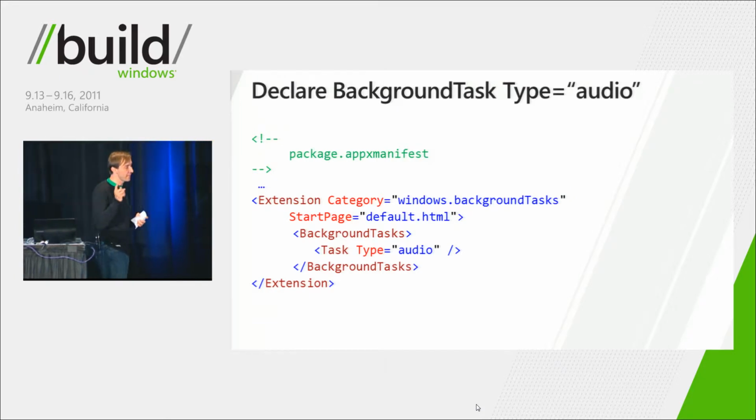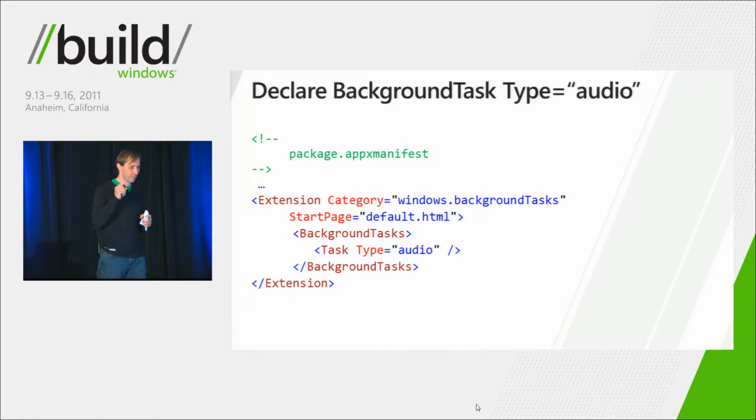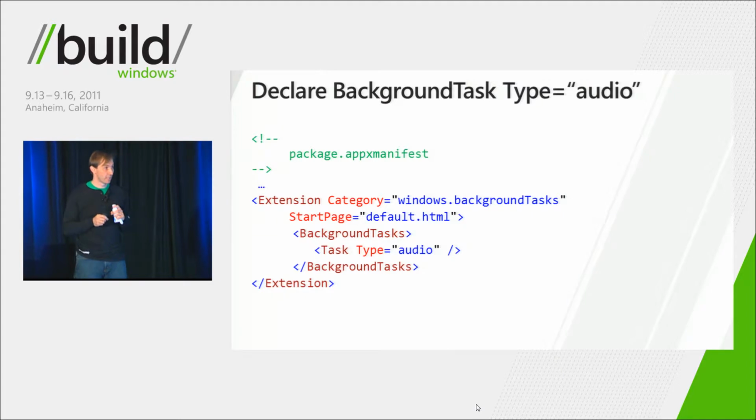There's another thing about background audio that you have to set; otherwise your app will get suspended. In the package manifest, you have to set the background task to type audio. That is the first thing that Windows looks at if you're becoming a candidate for suspension.